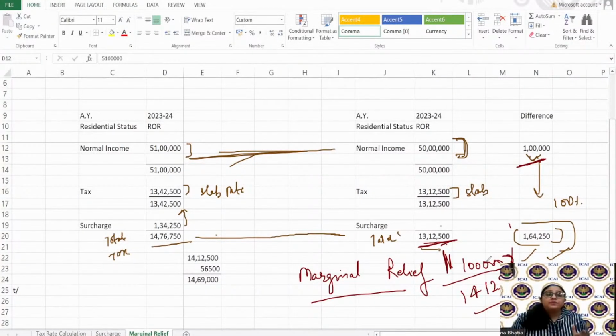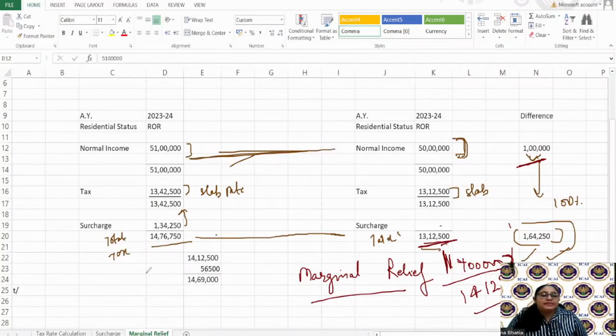यानी मैं 100% tax rate भी लगा दूँ, और if I take 100% tax rate on the additional income, उससे ज़्यादा I cannot take. So by 1 lakh, the income which is increasing, the tax can also be increased by maximum 1 lakh, not more than that. So tax is increased by maximum 1 lakh, which comes to 14,12,500.